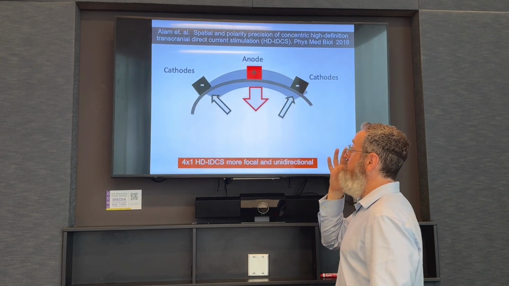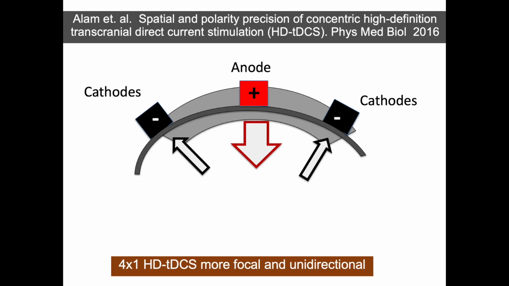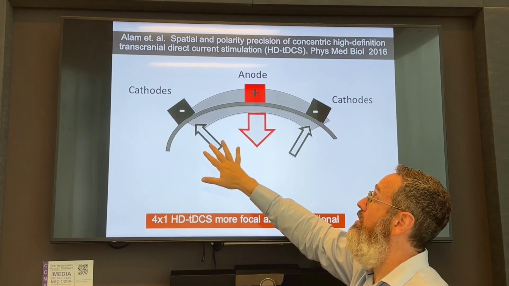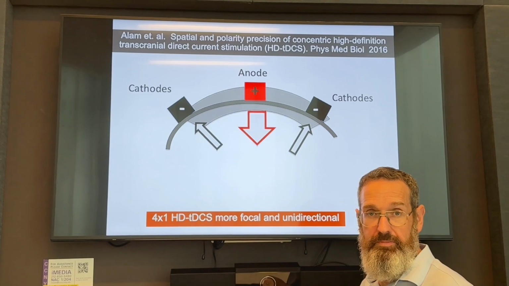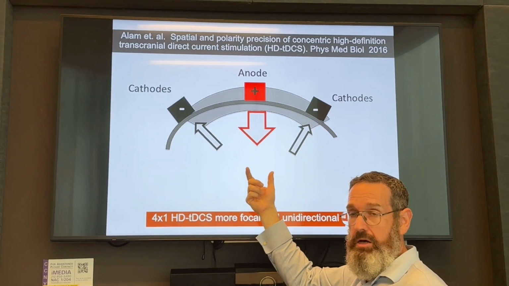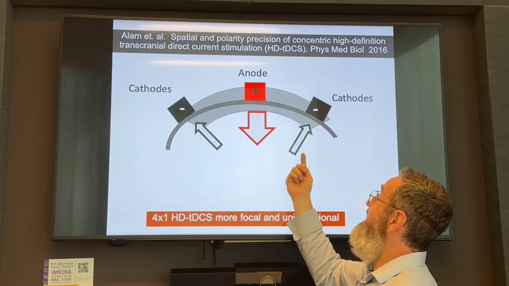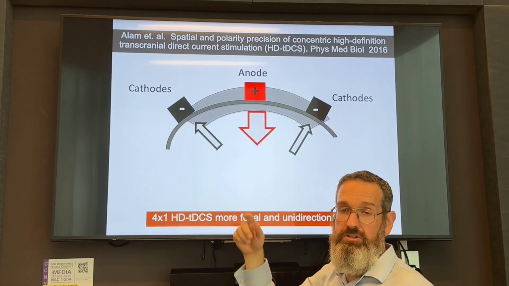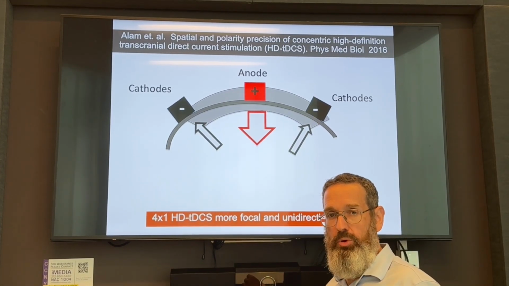To explain it simply, there is a center electrode and it's surrounded by other electrodes, usually 4, but in this case I'm just showing you 2. Now, if 1 milliamp is being delivered through here, because of the conservation of current, each one of these is only collecting negative 0.5.